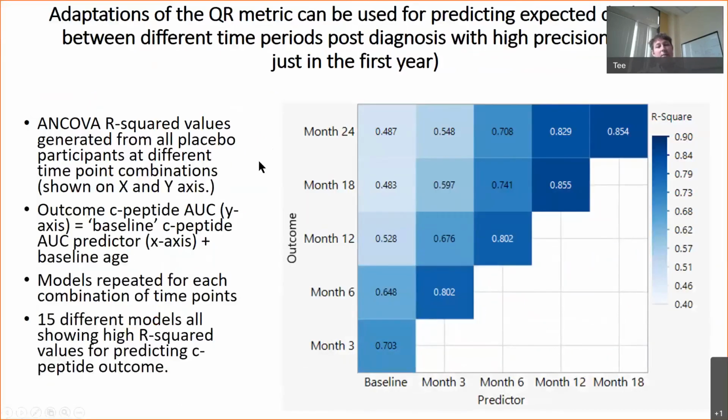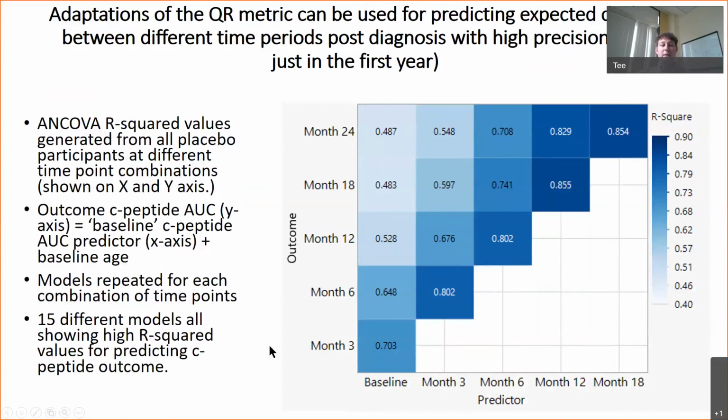And I want to give just another plug for the flexibility of the QR metric, which was defined by Krischer and Bundy, using baseline data and projecting forward to 12 months. But you can really use the same kind of concept at many different time points post diagnosis.